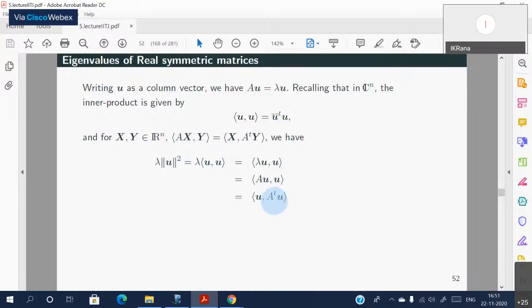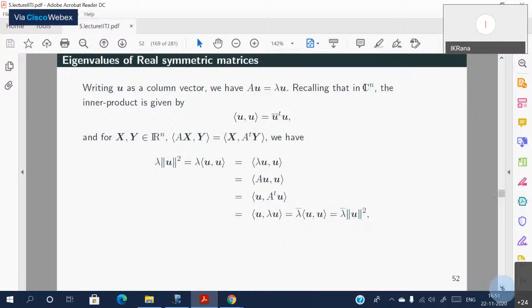So A transpose u, but A and A transpose have the same eigenvalues, so this is also equal to lambda. But when you take it out in the complex inner product, the complex dot product of complex quantities, this comes out as lambda bar. So lambda bar norm u squared. Because u is not 0, lambda is equal to lambda bar.